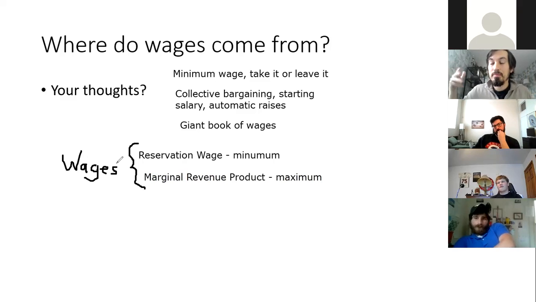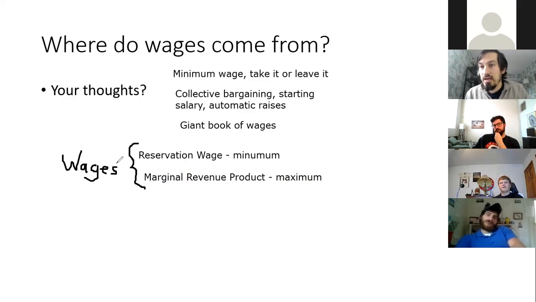Either there's a lot of people hiring, okay, that's going to press the wages up, isn't it? A lot of people are hiring, not a lot of people who want the job in that particular industry, that's going to push the wages up. The opposite, not a lot of people hiring, but a lot of people applying, that's going to push the wages down, but they still will never go below a reservation wage or above a marginal revenue product.